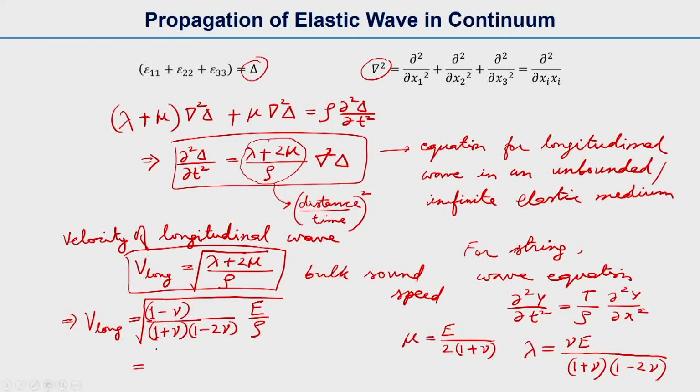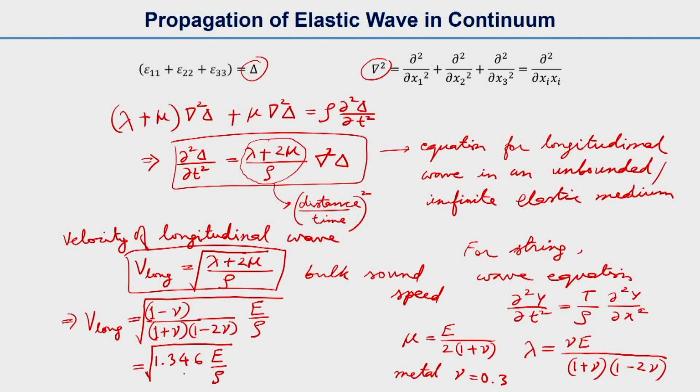Ultimately, if, let us say, for metal we assume that Poisson's ratio is 0.3, this will give you 1.346 E by rho, the square root of the whole thing.